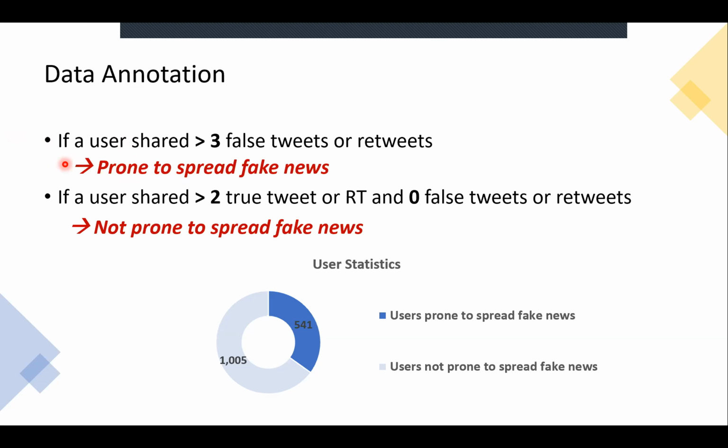But for the opposite class, we attempt to find users that only share true tweets and no false. So this class, if I understood your question correctly, does include users that have shared both. It is not only the extreme. Yes, I think this is your question.